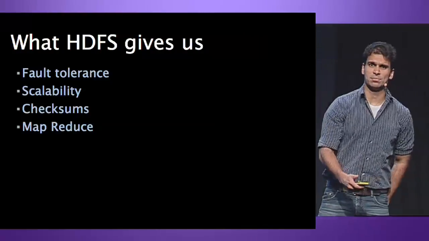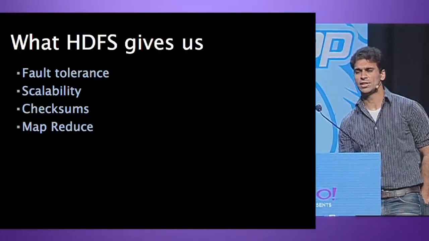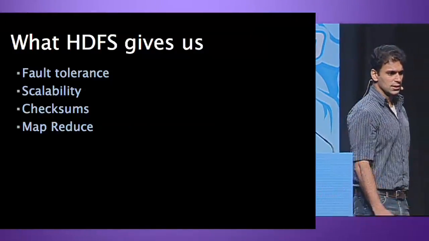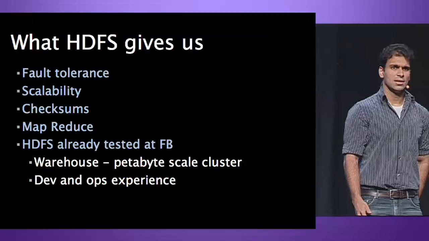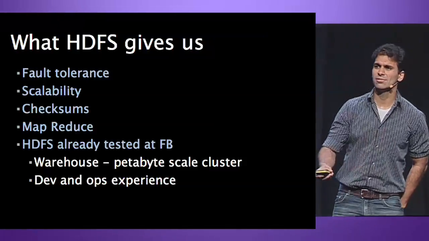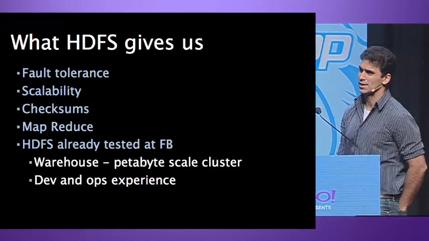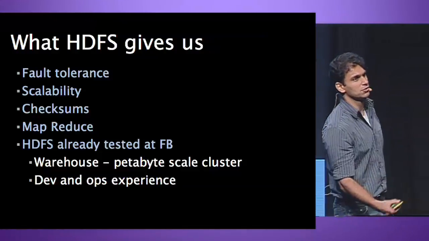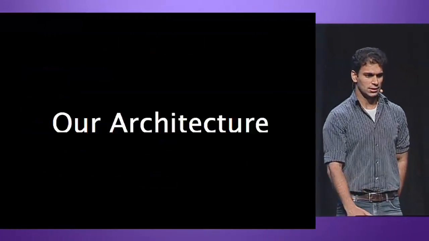It comes with MapReduce built on top of it, which is really useful for a variety of different applications. And last but not least, HDFS is pretty heavily tested at Facebook. We have a petabyte scale warehouse cluster and a ton of dev and ops experience, so we're pretty comfortable using HDFS as storage.